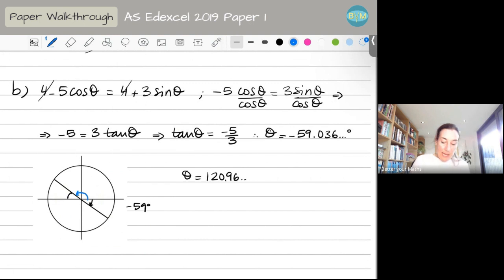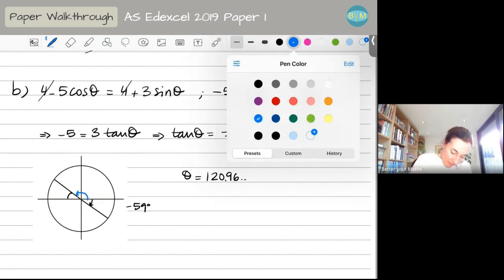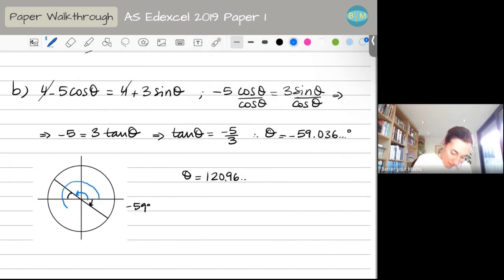And then this one as well. So I can go all around up to this angle because it's still below 360. And that angle is this one plus 180. Or if you prefer, 360 minus 59. Yeah, but remember the tan repeats every 180 degrees. I think that's right. If you don't remember, think.